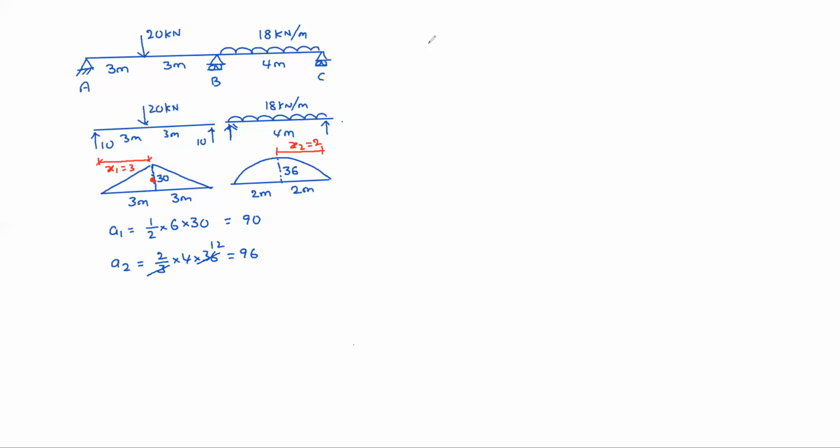So just substitute those values. First write the equation: MA L1 plus 2 MB (L1 plus L2) plus MC L2 equal to 6 A1 X1 by L1 plus 6 A2 X2 by L2. Here MA, as it is a hinge, is 0. MC also 0.